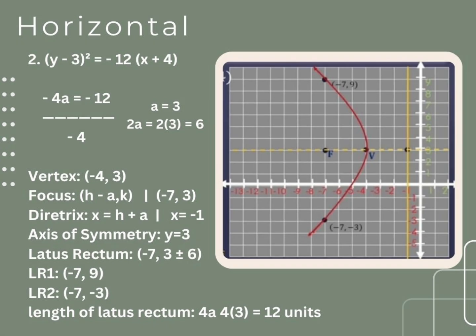So, let's now move on to this equation. (y minus 3) squared is equal to negative 12 times (x plus 4), where the vertex is not at the origin.